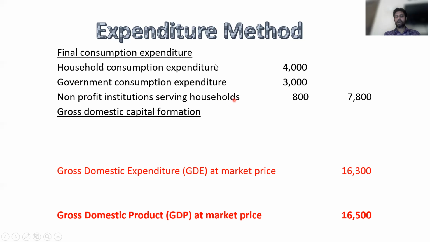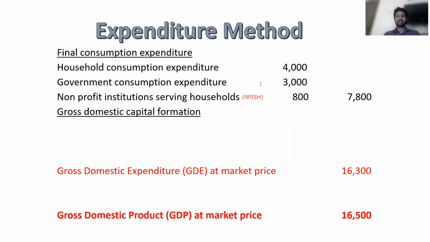Non-profit institutions serving households. Actually, this is a new one added to SNA, simply our system. Earlier we didn't have such a category. This is also called NPISH, the standard abbreviation for non-profit institutions serving households. These are clubs and organizations that facilitate people, maybe trade unions or pressure groups.